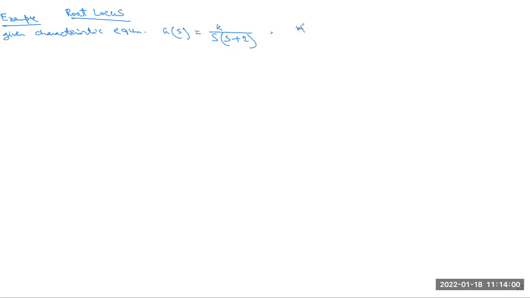Here the feedback value is H(s), which equals 1. When the feedback is 1, it means the system is a unity feedback system. The question is: obtain the root locus.